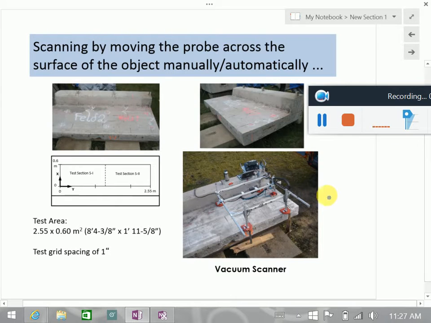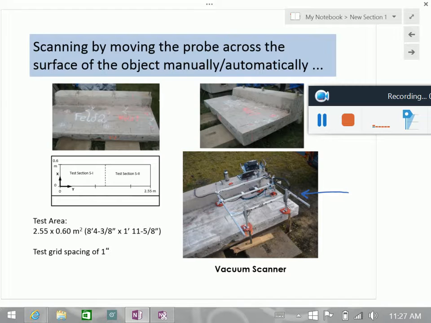However, the state of the art is to use robotic platforms. This is a scanner, and this is my own work from when I was in Germany, and you control it with a laptop. So you mount the ultrasonic probe, you program where you want to test, you give all the parameters, then you go and have tea, and it's going to do it the way you want.